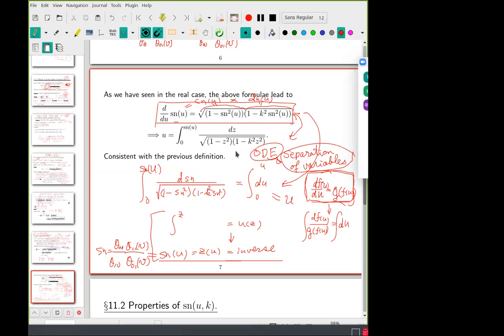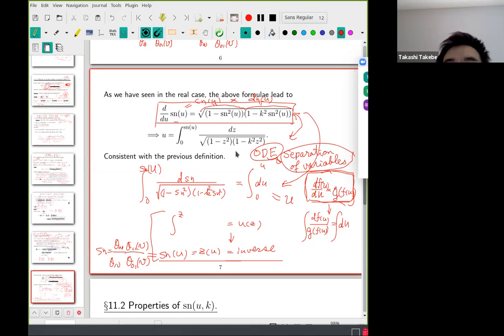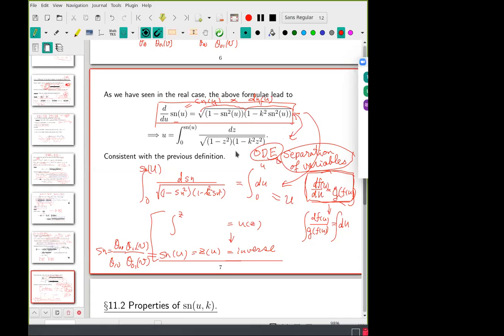I have a question. Sorry, I have a stupid question. The Jacobi elliptic functions are the inverse functions of the first kind of elliptic integral.